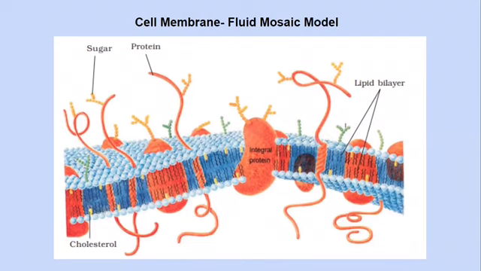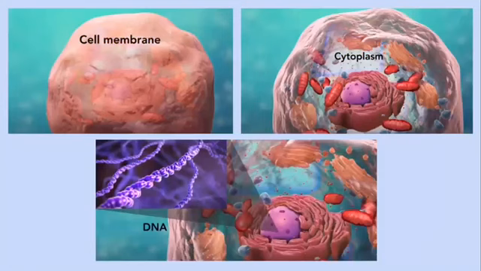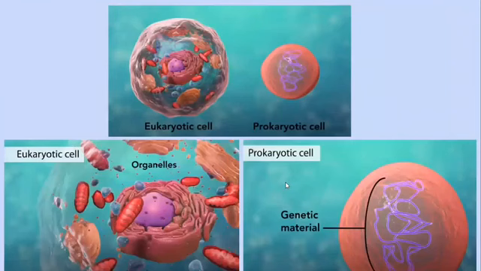All the cells have three things in common no matter what type of cell they are. First is the cell membrane, which separates the inside of the cell from the outer environment. Second is cytoplasm, which is a jelly-like fluid. Third is DNA. The cell's genetic material is the DNA. Next, there are two broad categories of cell.